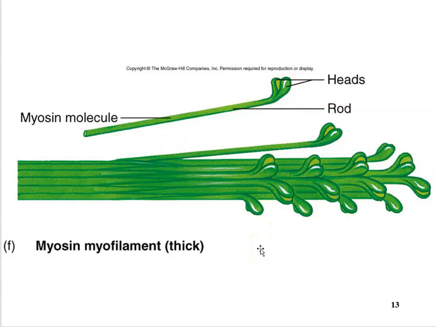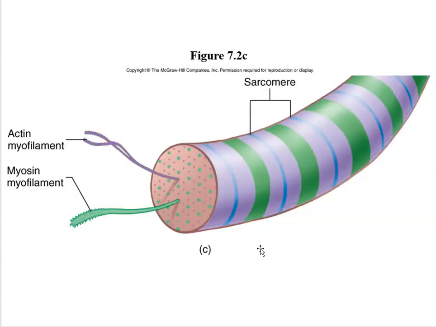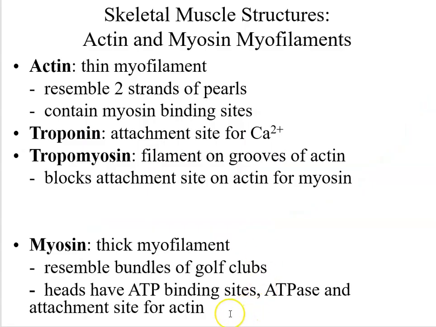Myosin is special because it is capable of breaking down ATP chemical energy. It has within that head an enzyme called ATPase. Whenever you see something ending in -ase, that's an enzyme. And fortunately for us, they're usually named for what they do.